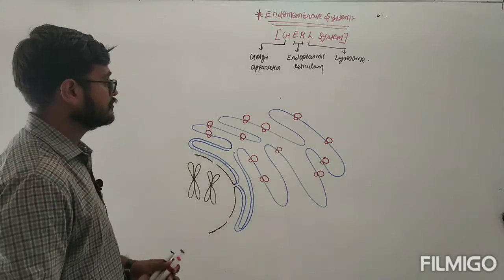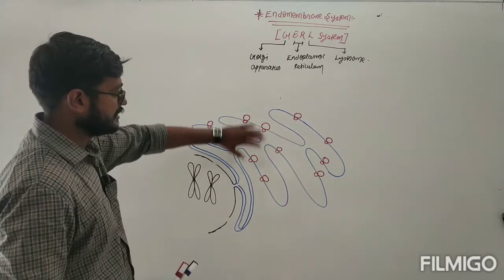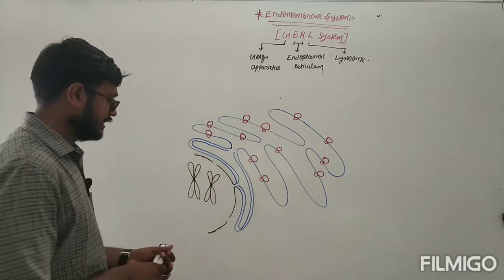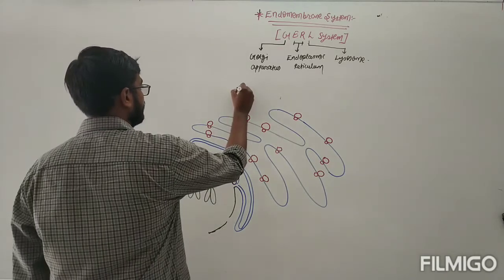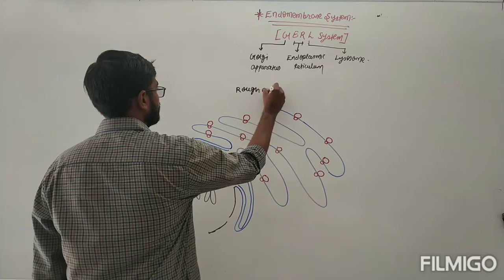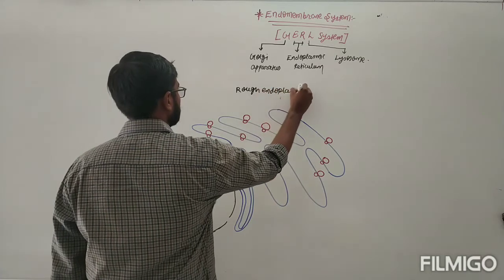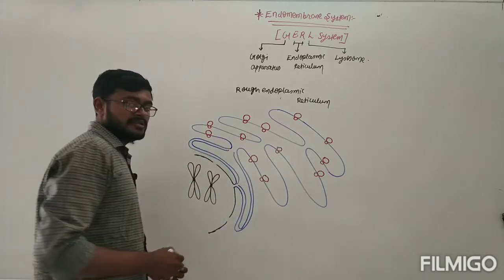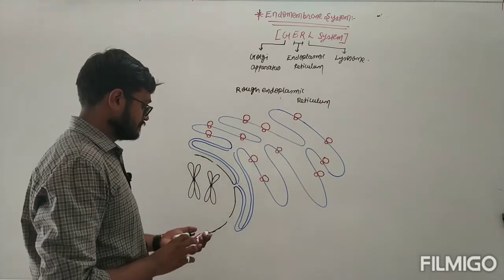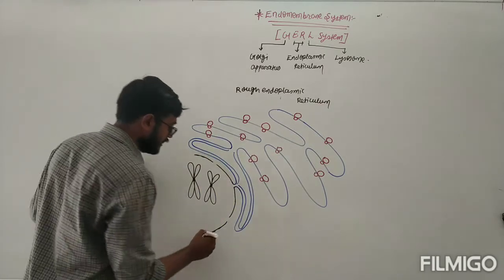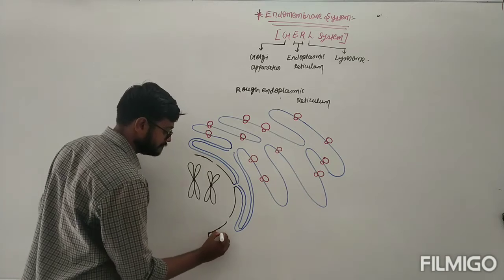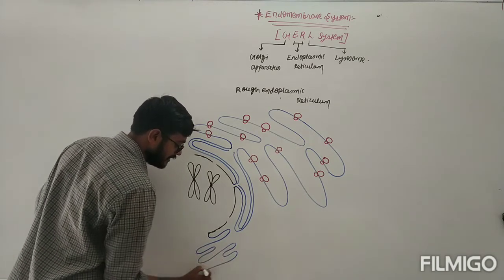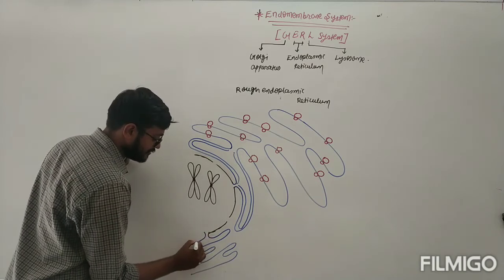And hence when you put an imaginary hand on this structure, you can find that this structure is completely rough, and hence it is termed the rough endoplasmic reticulum. This is the rough endoplasmic reticulum over here. Nearby to this, another reticulum is also present, and this reticulum does not have ribosomes on its surface.